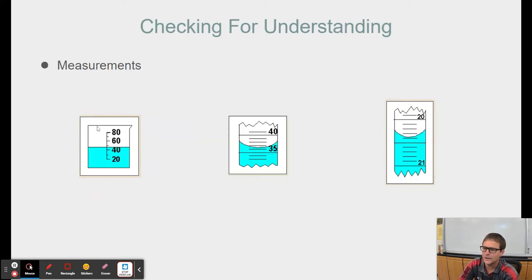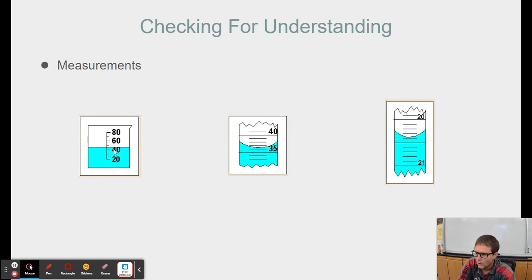Now let's take a look here. Would you be able to walk through and get an appropriate measurement using significant figures with each of these devices? This is a beaker, this is a graduated cylinder, and this is a titration pipette. Notice the 20 is on the top and the 21 is on the bottom. Titration pipettes are listed with the smaller numbers down to the bigger numbers.